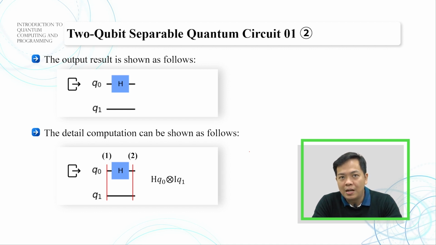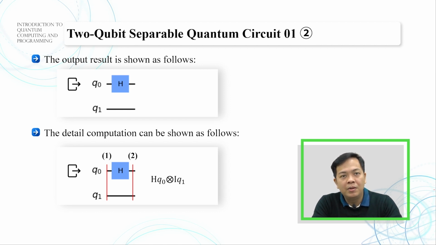But in practice, how do we know these 2 qubits are separate? How do we prove it? So here is the detailed computation to prove that the qubits are separate. We can calculate one by one.